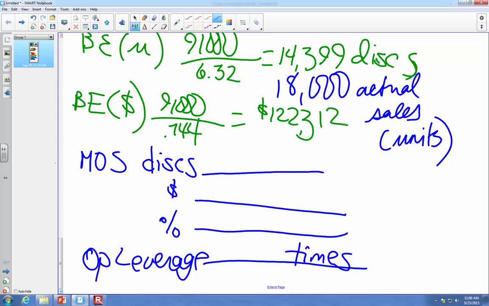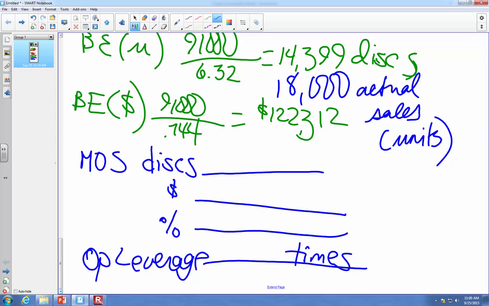Well, I don't have the number quite yet. We'll go over it on Monday. So take some time to think about this. These are the next things that you need to do. Margin of safety and operating leverage. New concepts today. We'll reinforce them first thing on Monday by looking at this. And what was the 18,000 for? That's how many discs I actually sold.